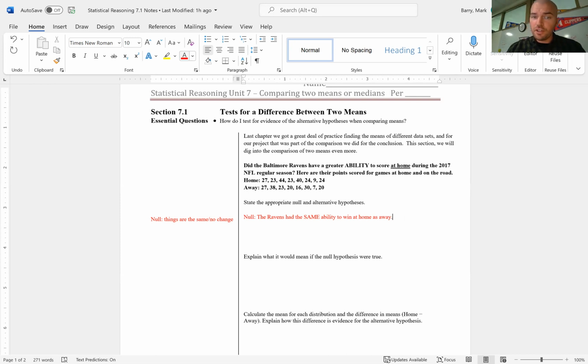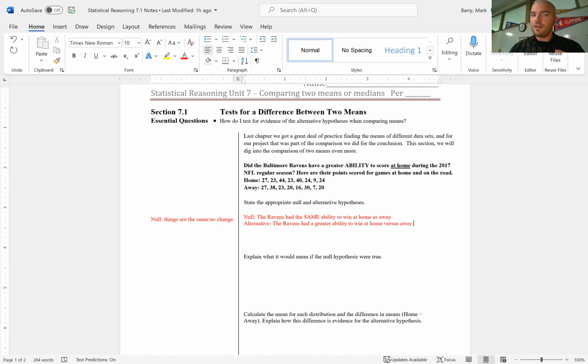So then for the alternative hypothesis here, so I'll do that in red as well. All right. So the alternative hypothesis would be kind of based on the question up here. It said, do they have a greater ability to win at home? So I'm going to use that fact there. And so I'm going to say for my alternative hypothesis, the Ravens had a greater ability to win at home versus away.